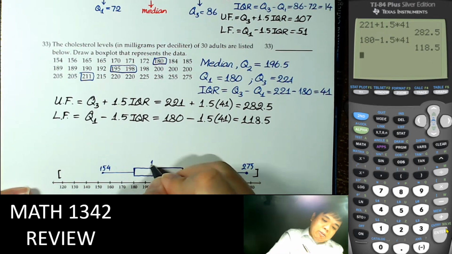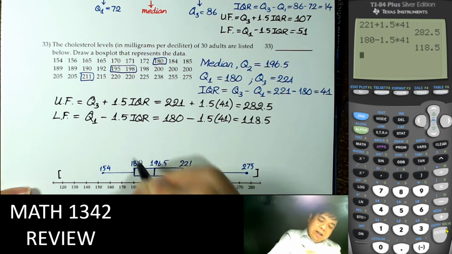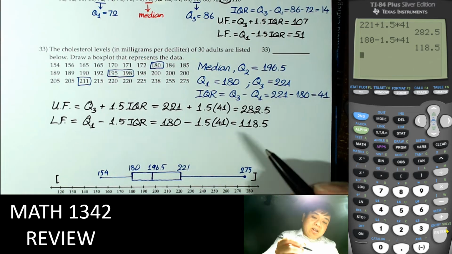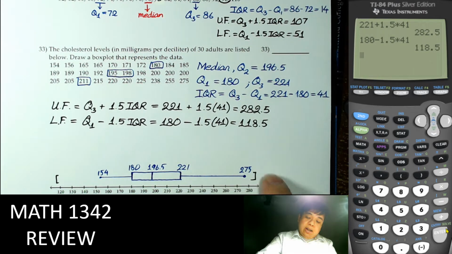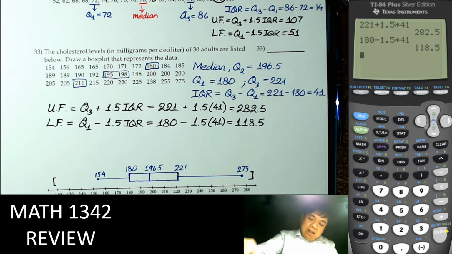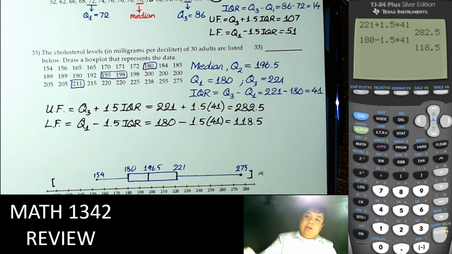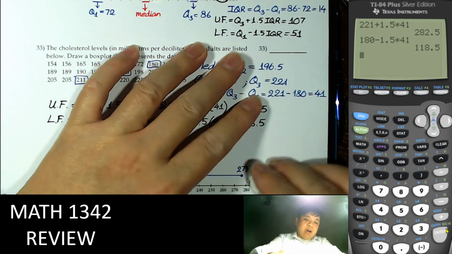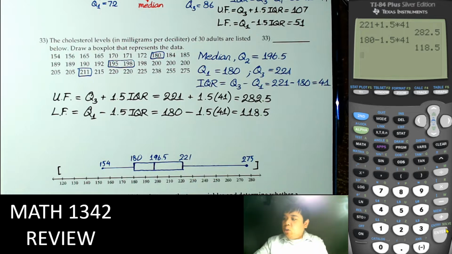Of course we can label the other numbers too. If there are any outliers, let's say there's a 300, I will draw an asterisk like that. Any outlier will be denoted by an asterisk on the outside. But in this case we do not have any outliers. So that's what we have.